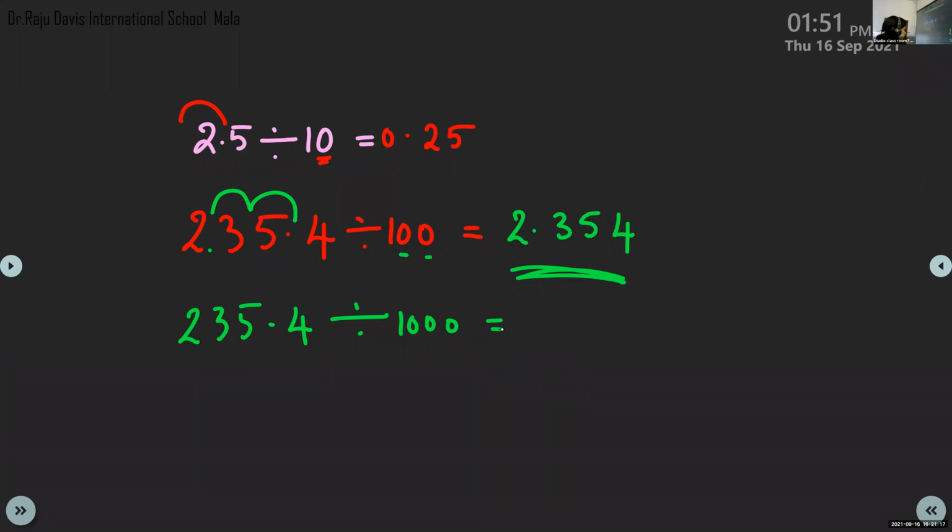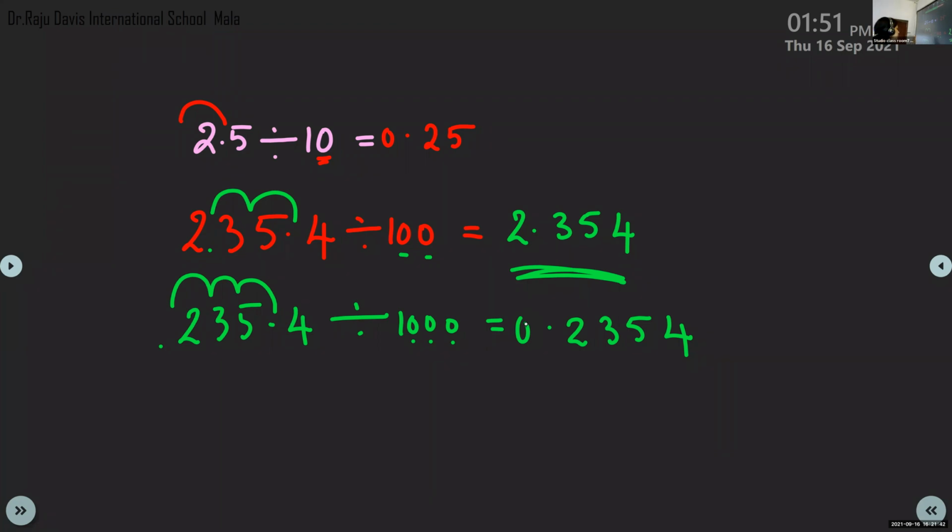Okay. So we shift for 1000, so 1, 2, 3 decimal places. So the decimal point will come here. So 0.2354. You can put a 0 before. Okay. Understood how to divide a decimal by 10, 100, 1000, etc.